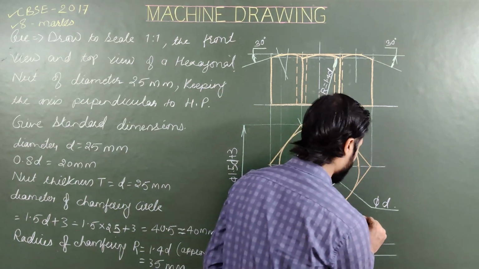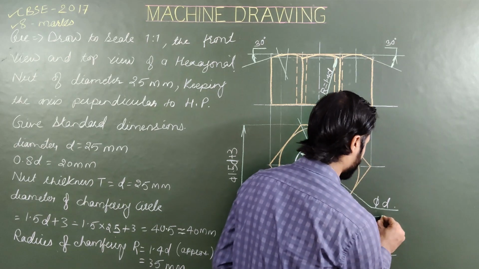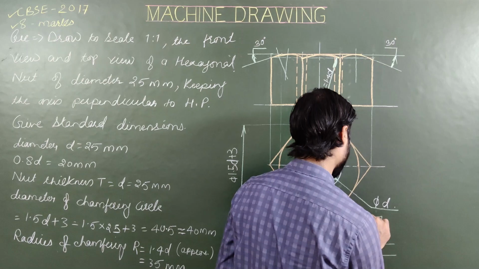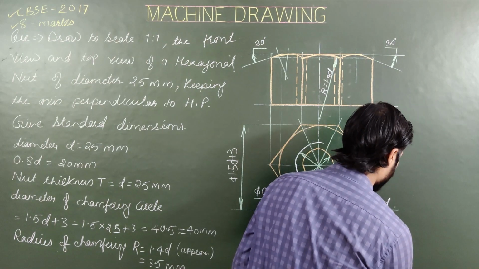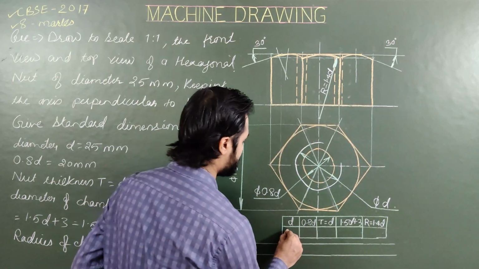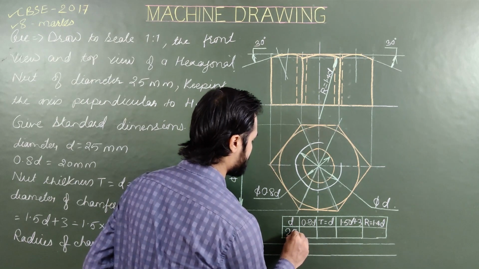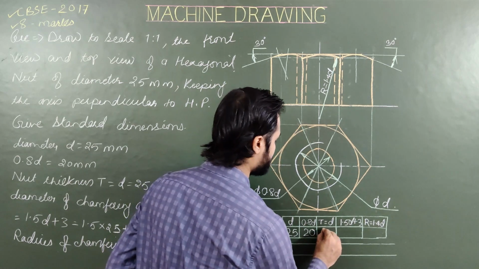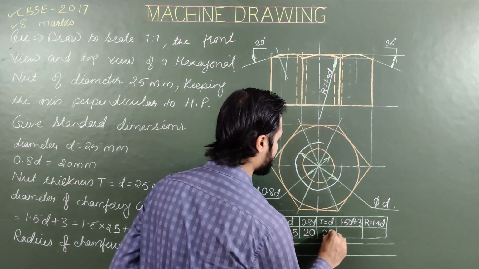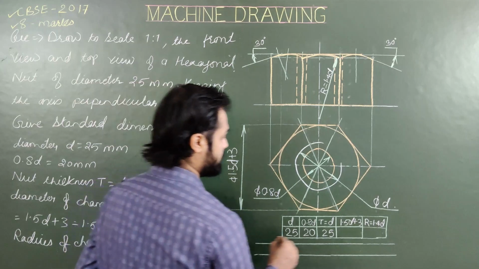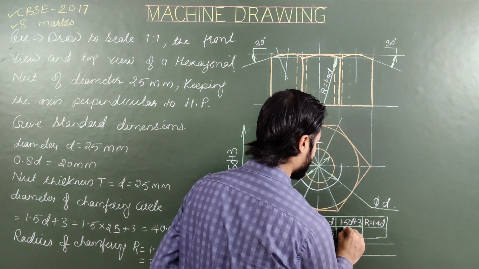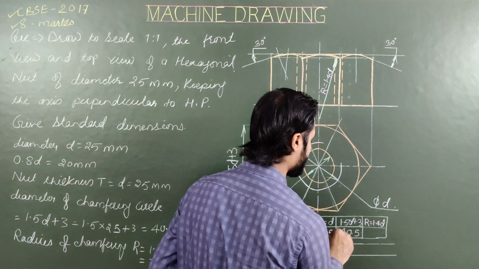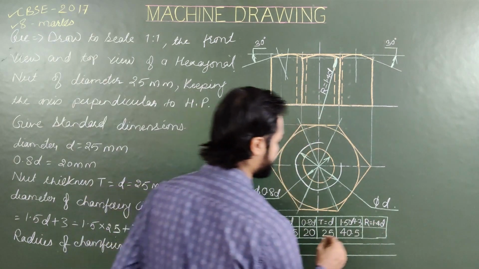And if you wish to add R, and the values are 25, 0.8 d is 20, d equals d, again 25, 1.5 d plus 3 is 40.5, and R is 35.